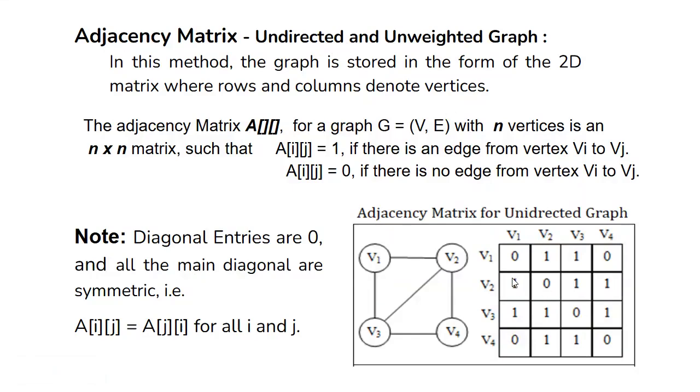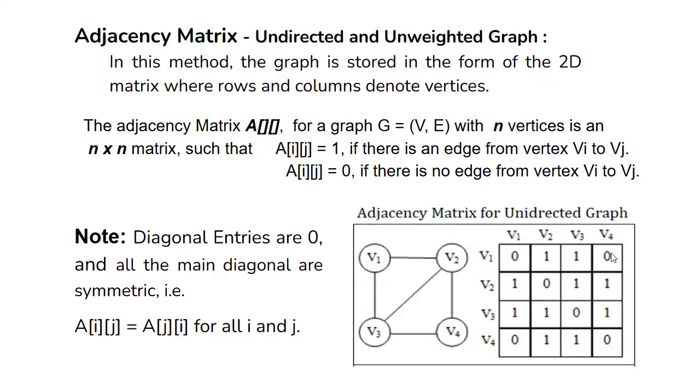Okay, if you put this as a weighted graph, then instead of the value 1, whatever weight is given is available there. So from V1 to V2 there is a path, so the intersecting cell from V1 to V2 is 1. From V1 to V4 there is no edge, so the intersecting cell from V1 to V4 is 0.